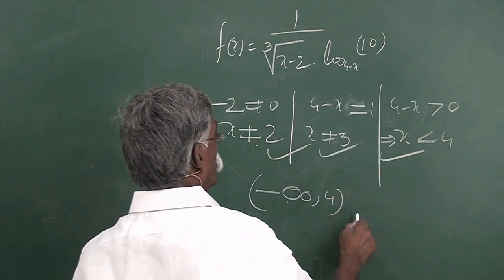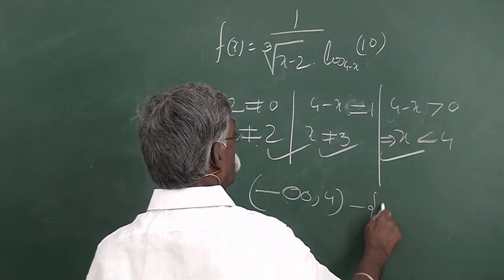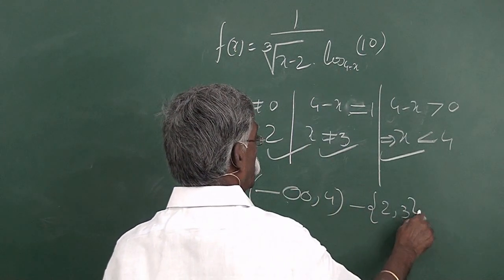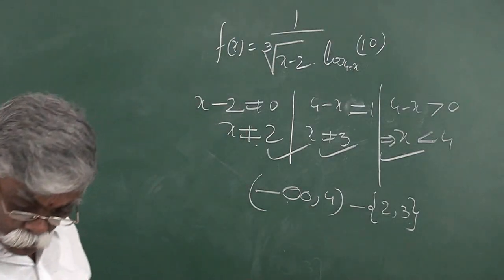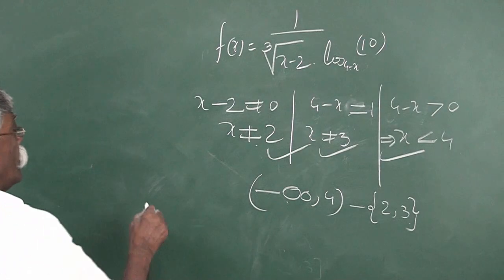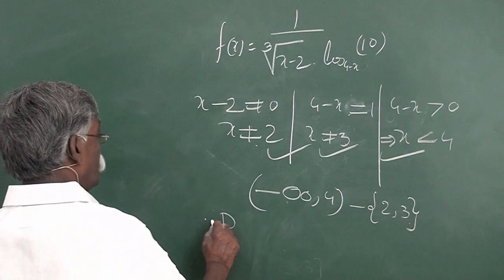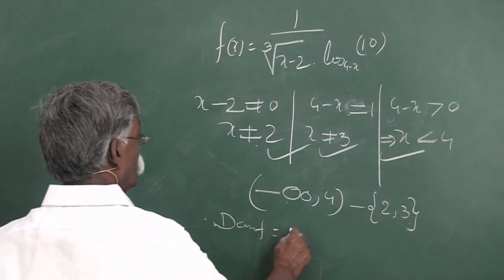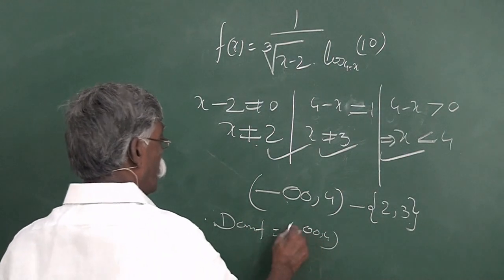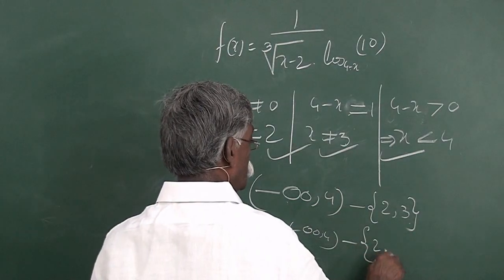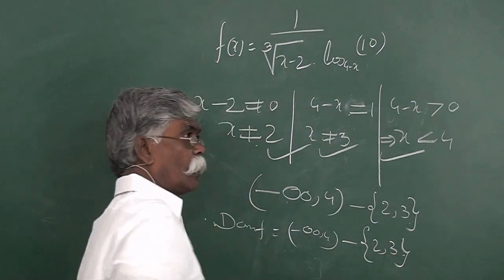And 2 and 3 should not be there. Therefore, these two numbers are to be eliminated from this. Therefore, domain f is equal to minus infinity to 4 minus the two elements 2, 3.